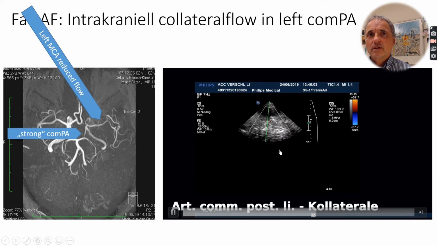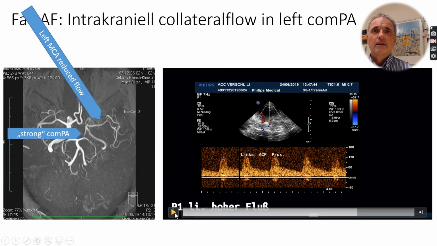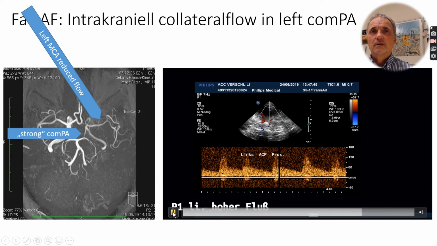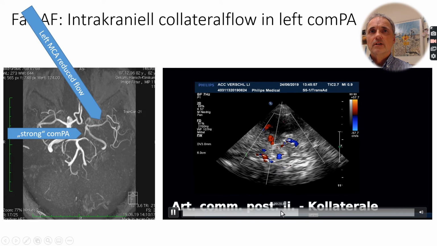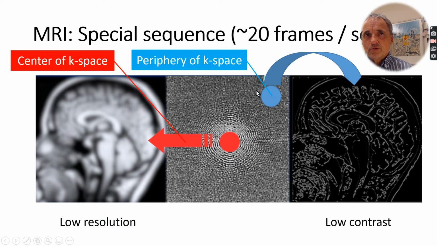We have a very strong posterior communicating artery, and we have a strong flow in the P1 segment. This is also visible on the MR. And just to remind you, a strong posterior communicating artery.